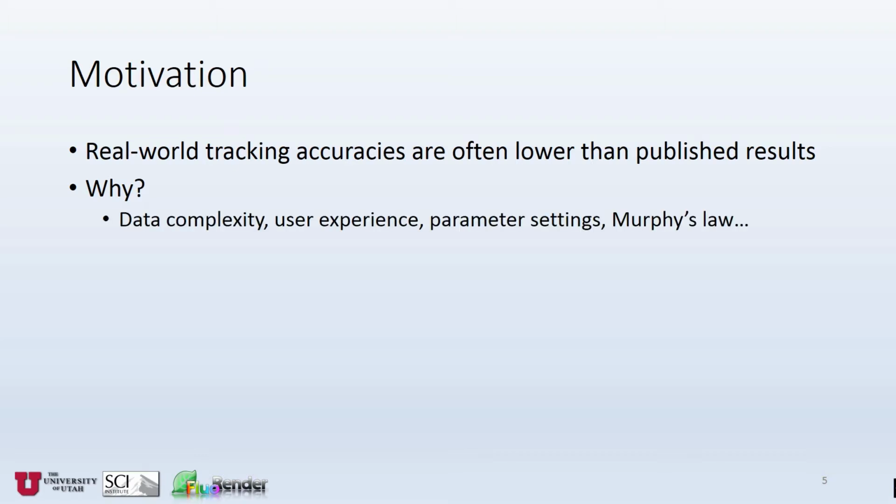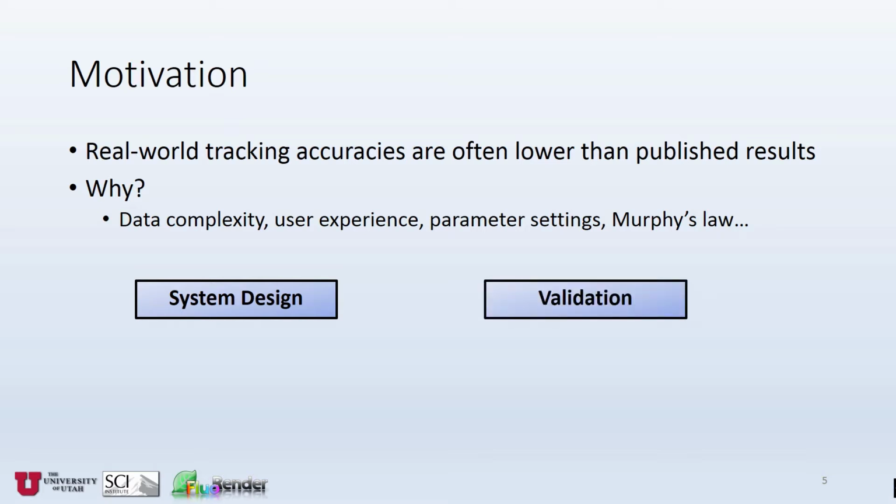One could actually give many reasons, such as that the real-world data we used were too complex, that users of the tools lacked the experience, the parameter settings were not intuitive to use, or it could be just Murphy's Law. But we think there are two more fundamental reasons for previous tools' problems. The first is the system design, and the second is the method for validation, or evaluation, of the tracking results.